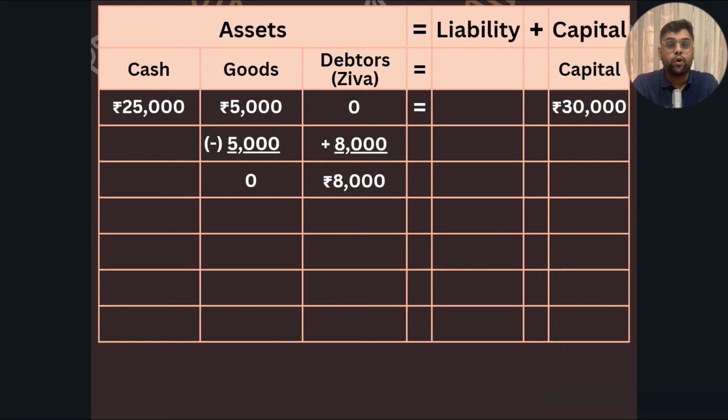Therefore, you made a profit of 3,000. The 3,000 profit will be added to the capital. If there would have been a loss, it would have been subtracted from capital. There is no change to cash. Therefore, the new accounting equation looks like this. Cash 25,000 plus goods nil 0 plus debtors 8,000 is equal to capital 33,000.